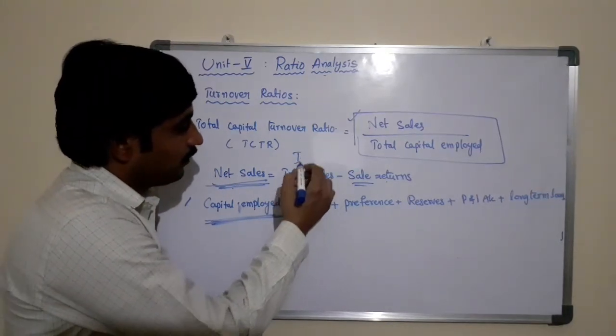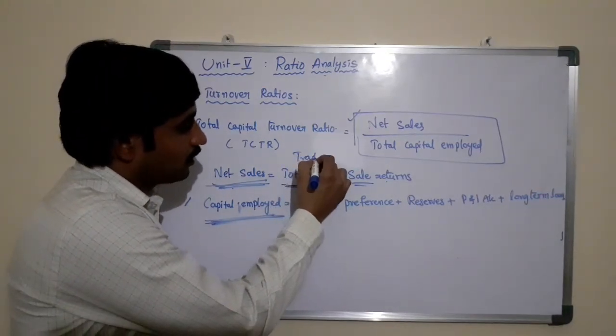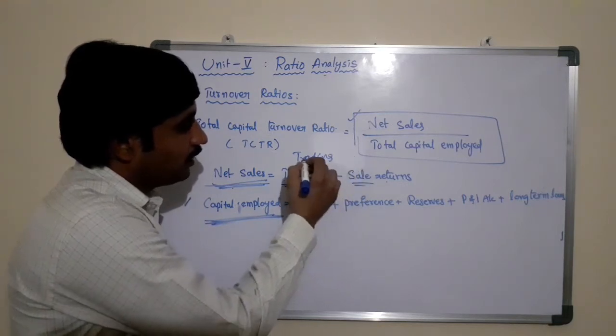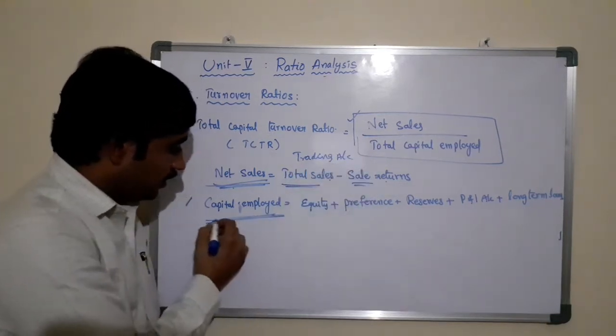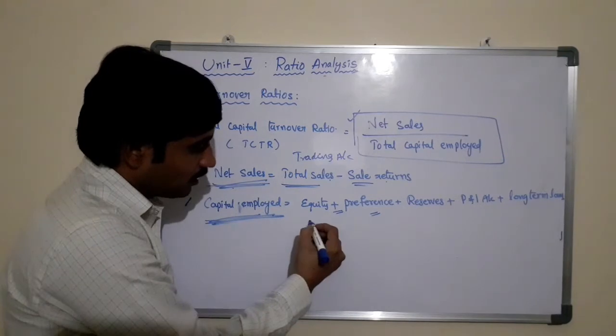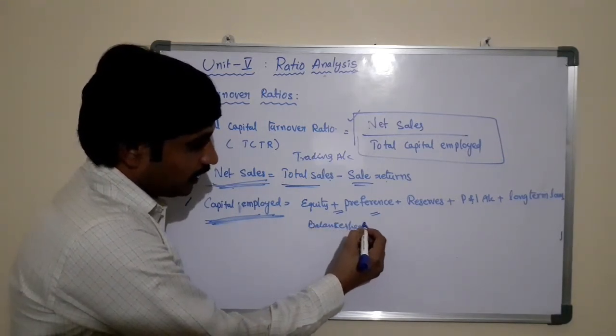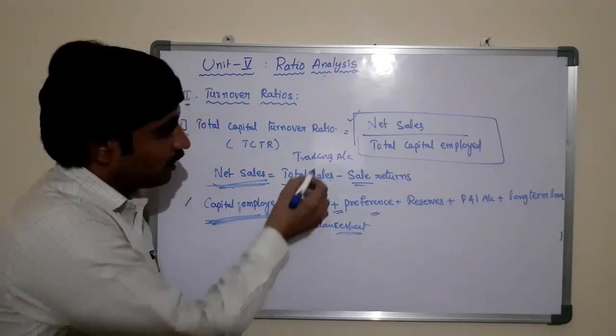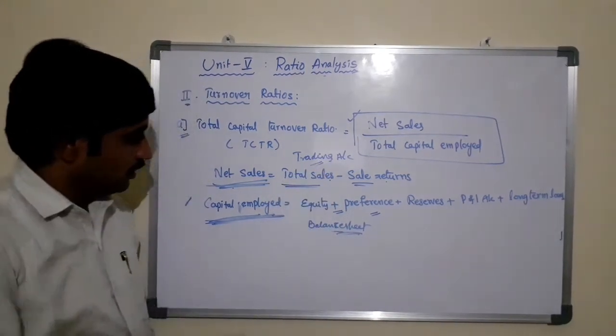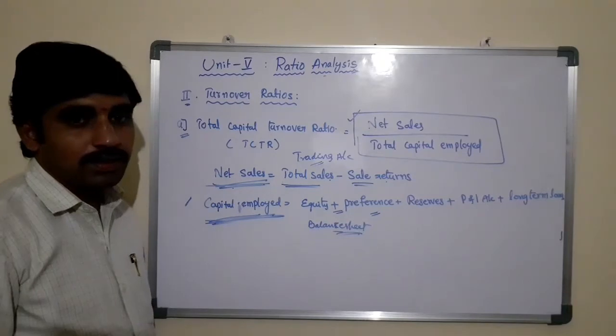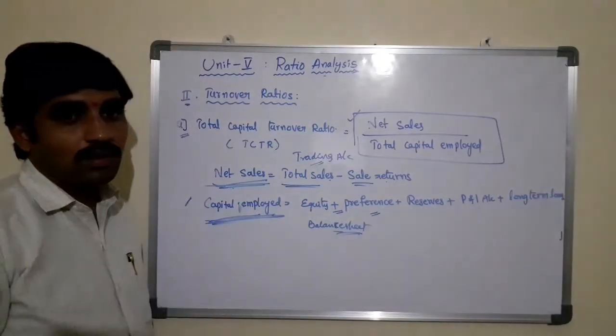Sales can be found in the trading account. And the capital employed items are all found in the balance sheet. Since they come from both statements, this ratio can be calculated as a composite ratio.